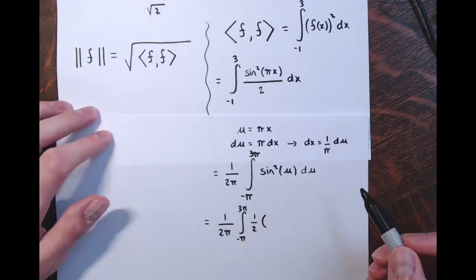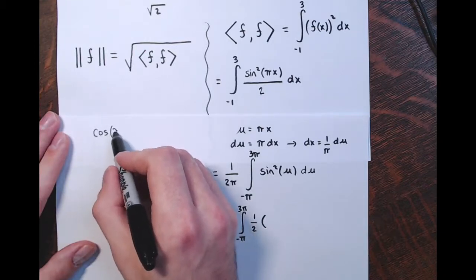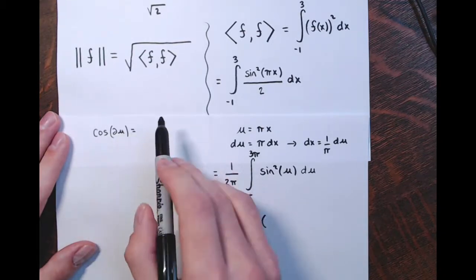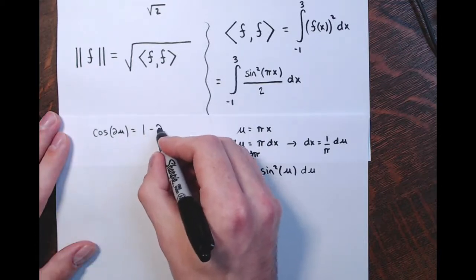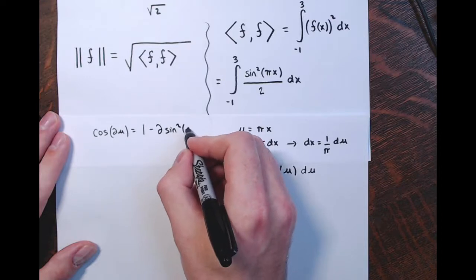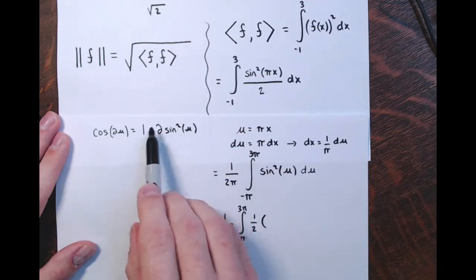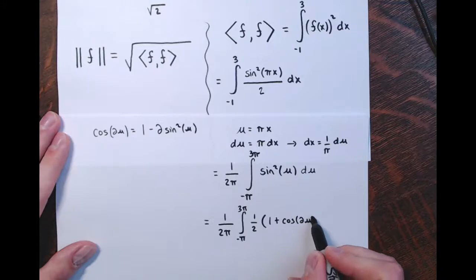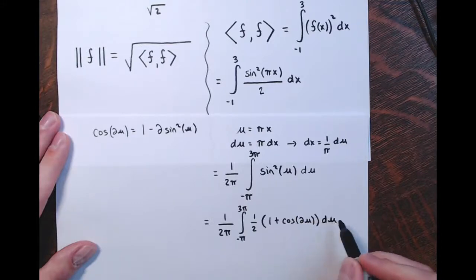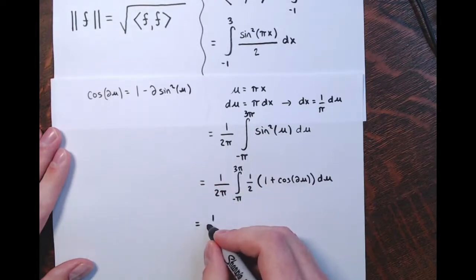And you remember cosine of 2u, hopefully this rings a bell? The cosine of 2u, you could write as cosine squared u minus sine squared u, or 1 minus 2 sine squared u. And then solving for sine squared u, this would be half of 1 plus the cosine of 2u. All right, and then we got du. And I pull the half out, so we have 1 over 4 pi.